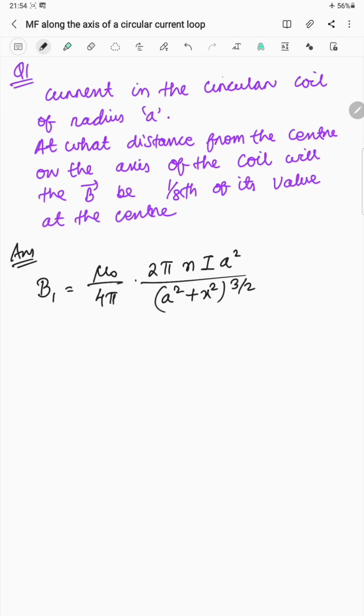This is the formula when pi is not cancelled. In our case capital R was the radius, but in the question the radius of the coil is small a.